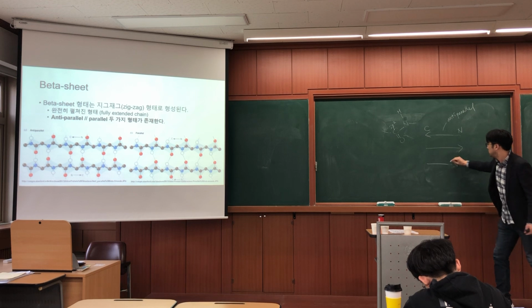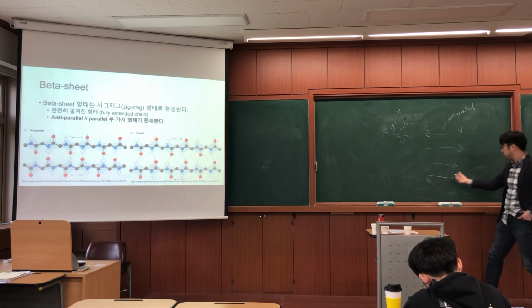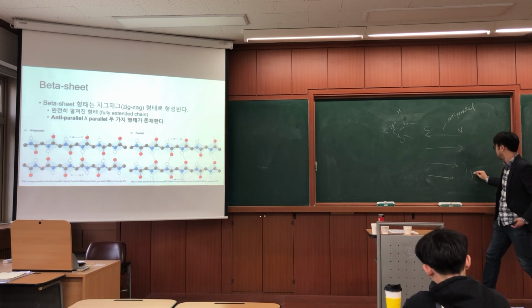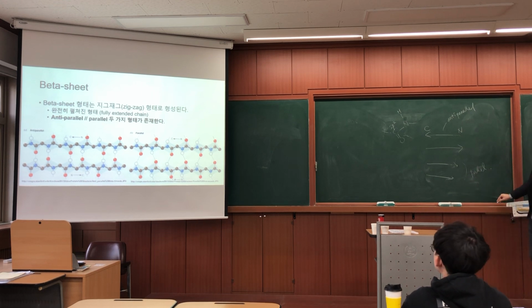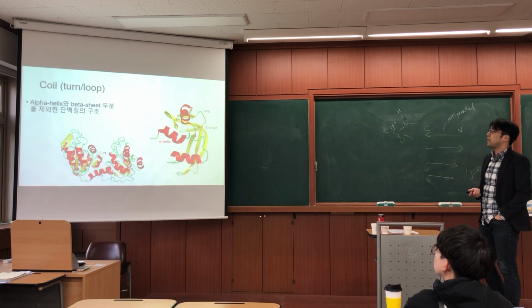Or two chains can form a parallel arrangement, going in the same direction, and this becomes a parallel structure. So there are two types of beta sheet structures, and they form slightly different structures.